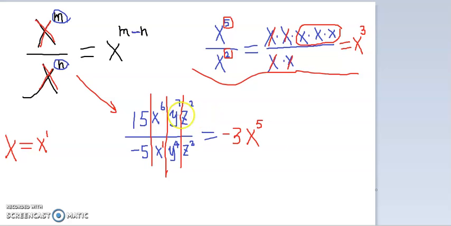Similarly for y, we keep the variable y and take the top exponent 7 minus the bottom exponent 4. That gives us 3. But for the last case, if we use the formula, 2 minus 2 is 0. So we're going to get z to the 0. But what is z to the 0? 0 copies of z, which means there's no z.